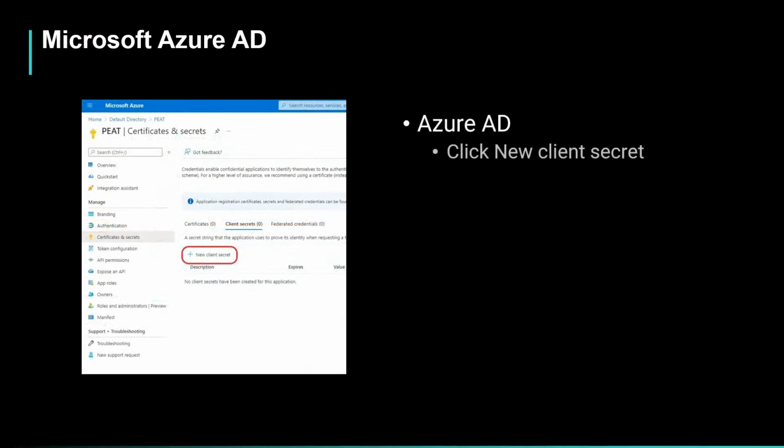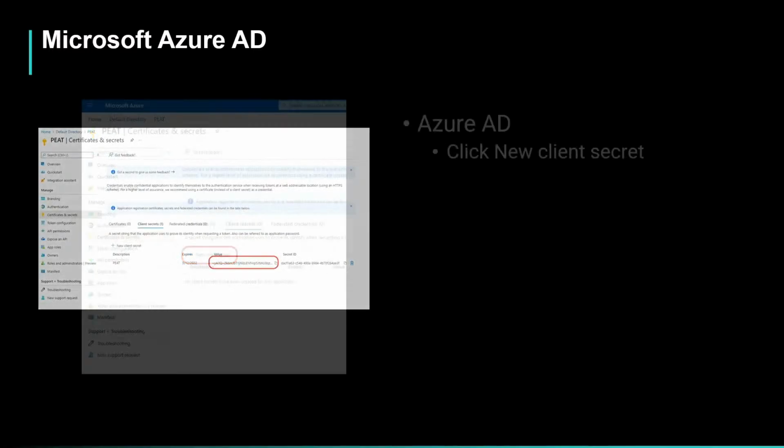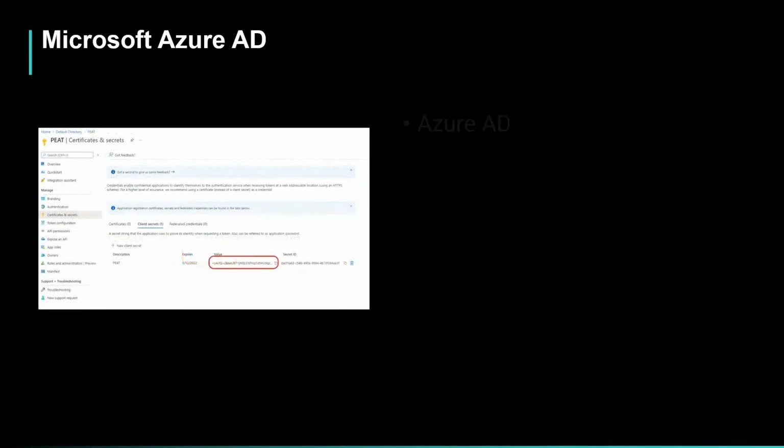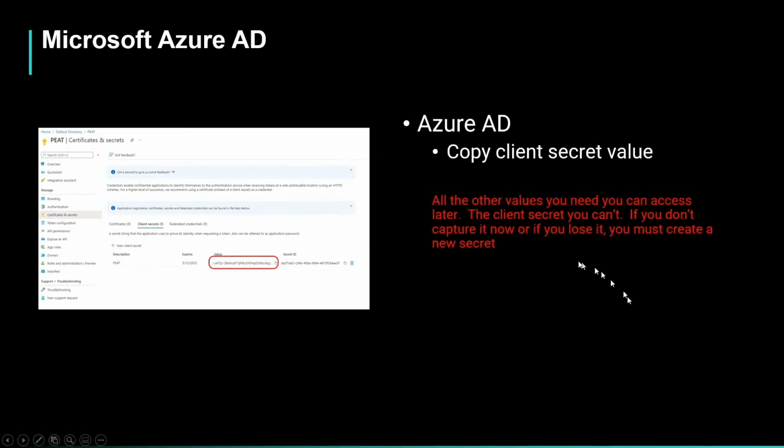and indicate that you want to create a new client secret. And when that secret gets created, copy it. The one thing to watch out for here is this is the one time you're going to see that value.